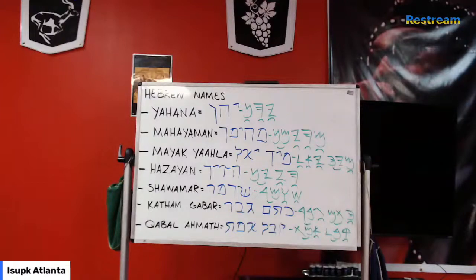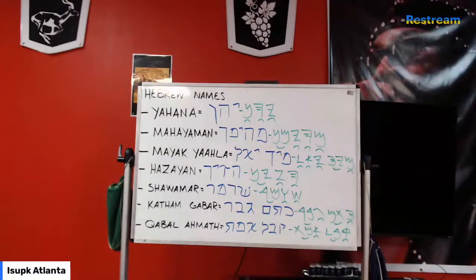General Shawamar, spelled out Sha, Wa, Ma, Ra. Pronounced Shawamar. General Kathumgabar, spelled Ka, Tha, Ma, Ga, Ba, Ra.